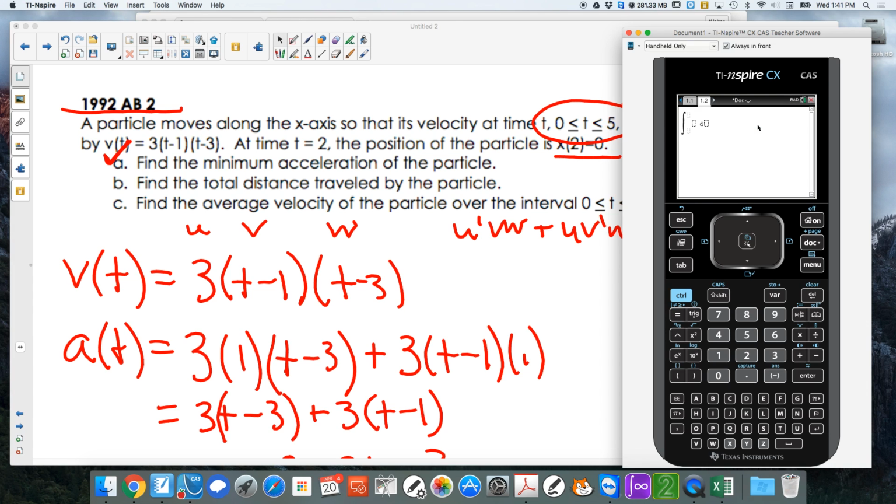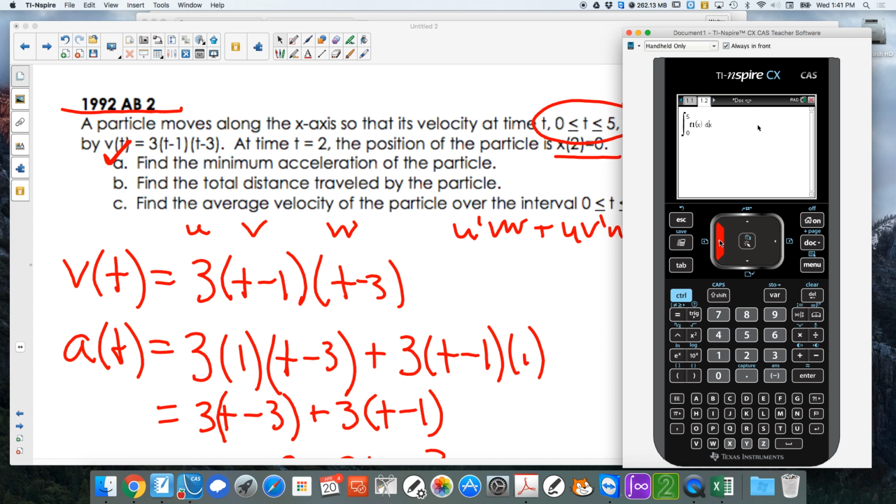Where am I integrating from, Peter? 0 to 5. 0 to 5 of what function? Velocity. Yep, which I stored in f1 of x, dx. But if I hit enter right now, it's not going to give me the total distance traveled. It's going to give me the displacement because it's going to combine the positives and negatives.